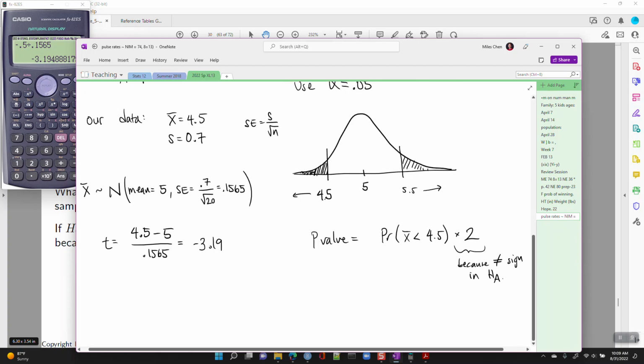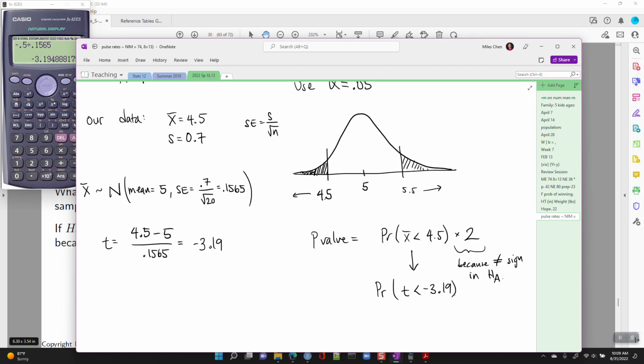So my p-value is going to be double this tail area. This probability that x bar is less than 4.5 is the same as the probability that t is less than negative 3.19.